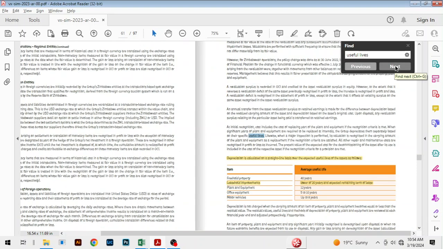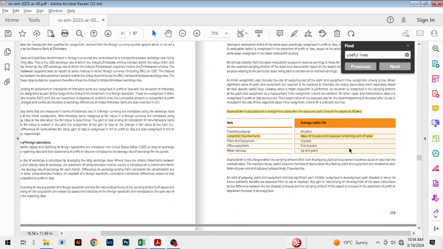Okay, so here they're saying leasehold improvements, lower of 20 years and expected remaining, plant and equipment 12 years, office equipment 5 to 10, motor vehicles up to 8 years, something like that. So I kind of took the average of these three here.